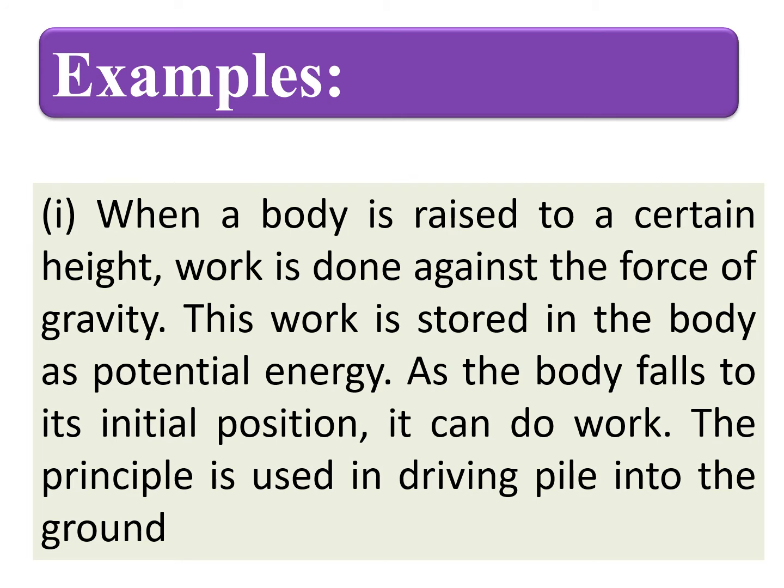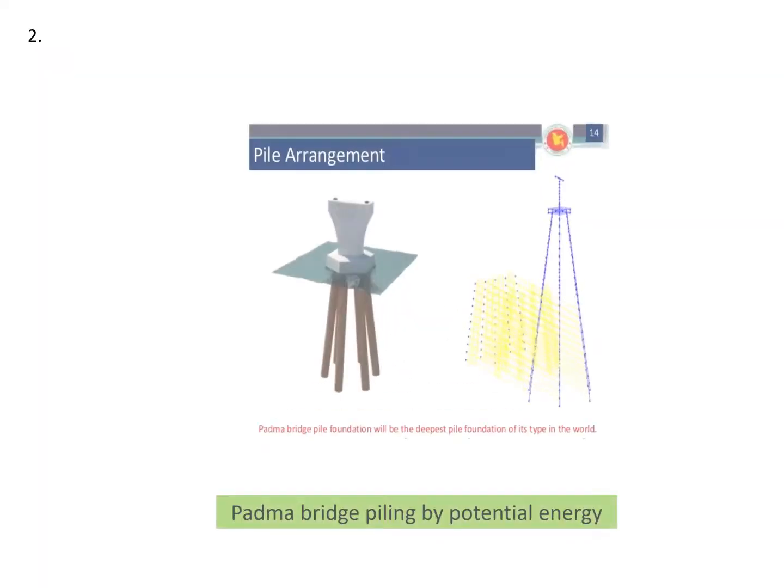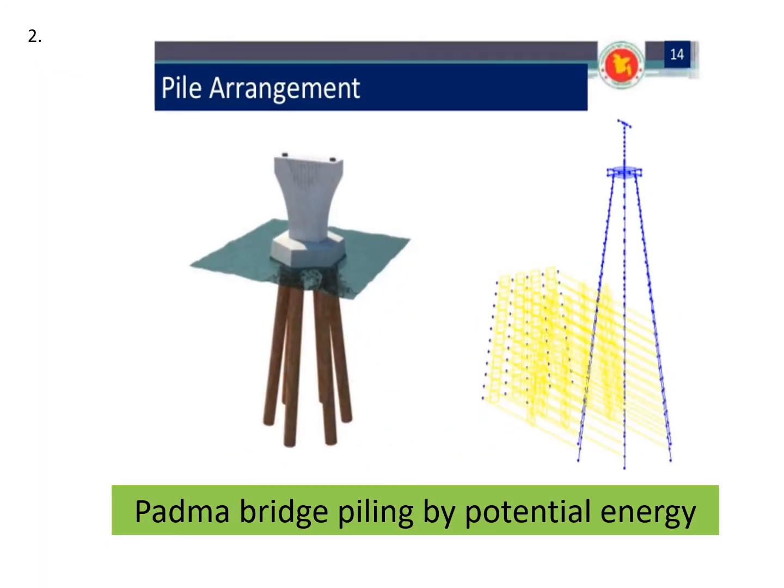This work is stored in the body as potential energy. As the body falls to its initial position, it can do work. The principle is used in driving pile into the ground. Look at this figure. For the Padma bridge piling, there are several piles, and this is driven by potential energy. Okay.